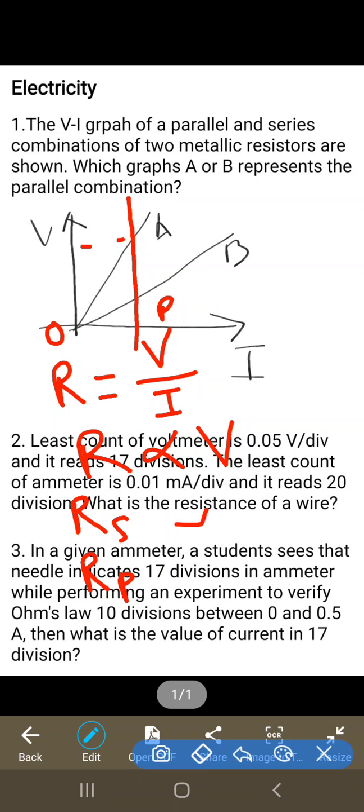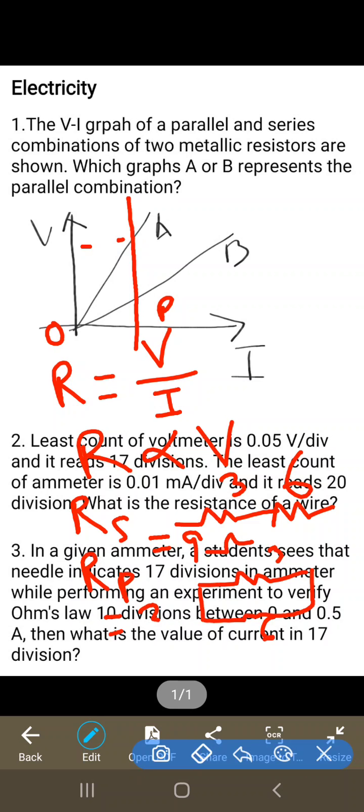Like for 3 ohm and 6 ohm, if both are connected in series, Rs will be 9 ohm, but when these two resistors, 3 ohm and 6 ohm, are connected in parallel, the equivalent resistance will be 2 ohm.